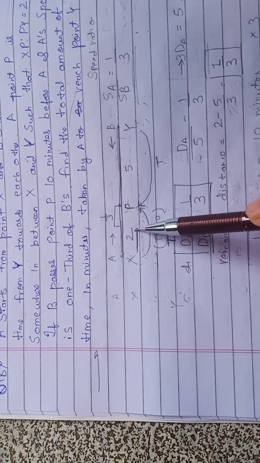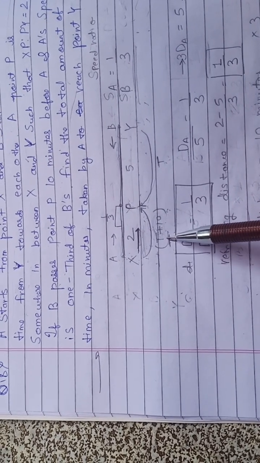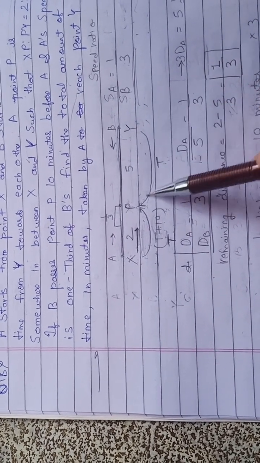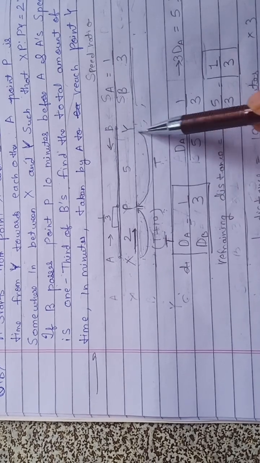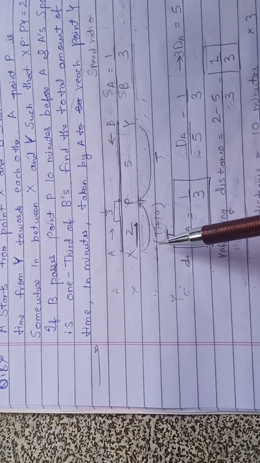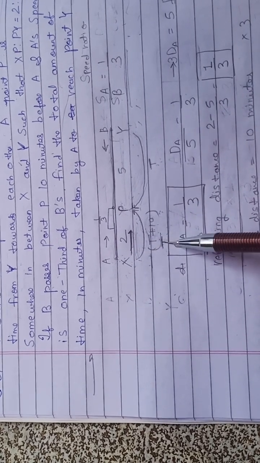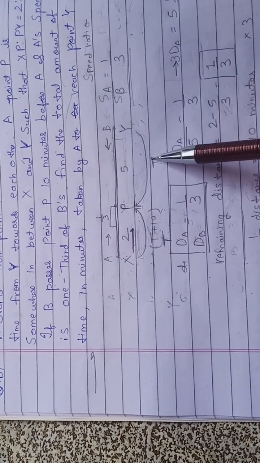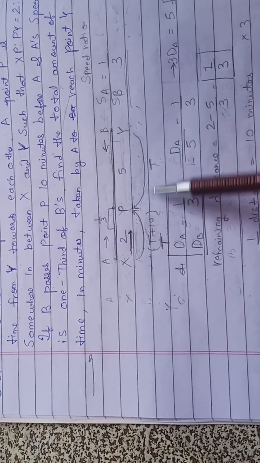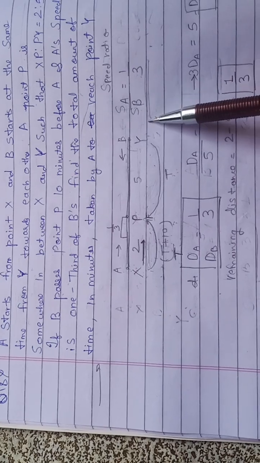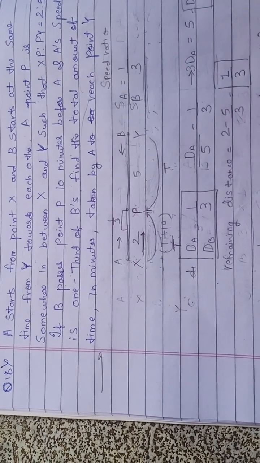So this much distance is traveled by A in T, and B travels all 5 in T time. Now this much distance is traveled by A in T and this much distance is traveled by B in T, so now the time is constant. Once the time is constant, the ratio of speed is equal to the ratio of distance.